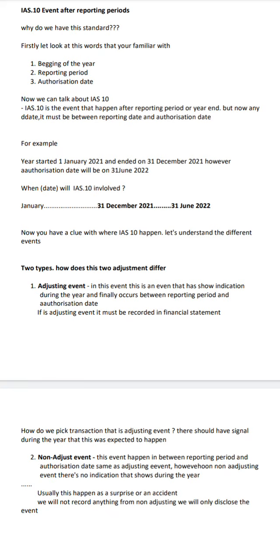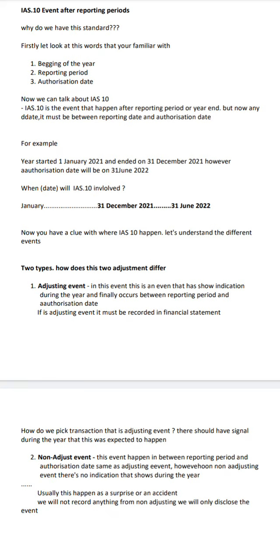In other words, with an adjusting event, we are dealing with a transaction which firstly happened during the year, but the conclusion happened in the IAS 10 period, between the reporting period and the authorization date. So what do we do if we find that this is an adjusting event? We have to record it in the financial statements of the previous year. Simple as that.